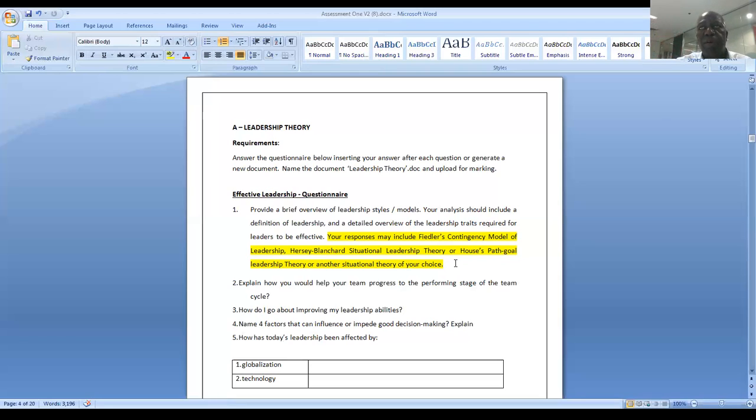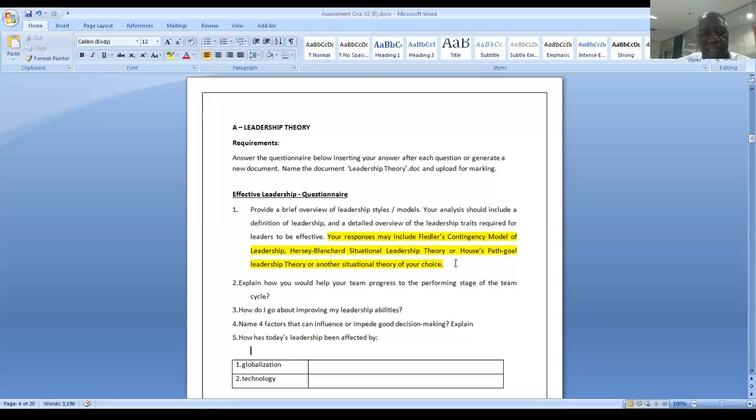You really have to answer this question by explaining what Fiedler's contingency model is and what Hersey-Blanchard situational leadership is. You can pick any. If you're not comfortable with this, feel free to research. There are so many other leadership styles available that you can come up with.